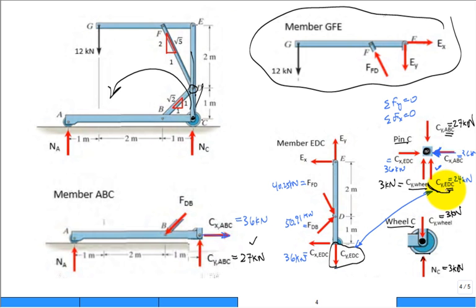We really don't need to, we can analyze member EDC, and it will just show us that our equations are true. It's in equilibrium. I can do the sum of the moments about any point. I can do the sum of the forces in X, sum of the forces in the Y. It'll confirm that the solution's good.